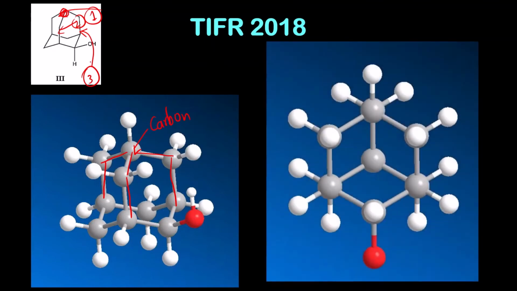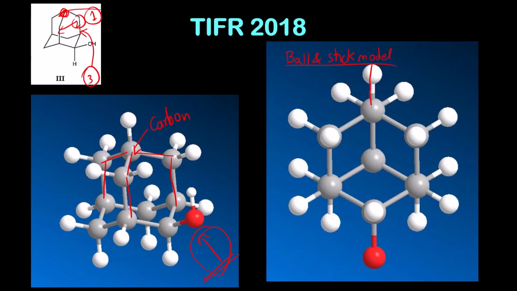So first you might think that it is chiral, but if you look at this molecule from a different angle, as you can see here in this ball and stick model, it would look something like this, and this is more or less a symmetrical molecule.